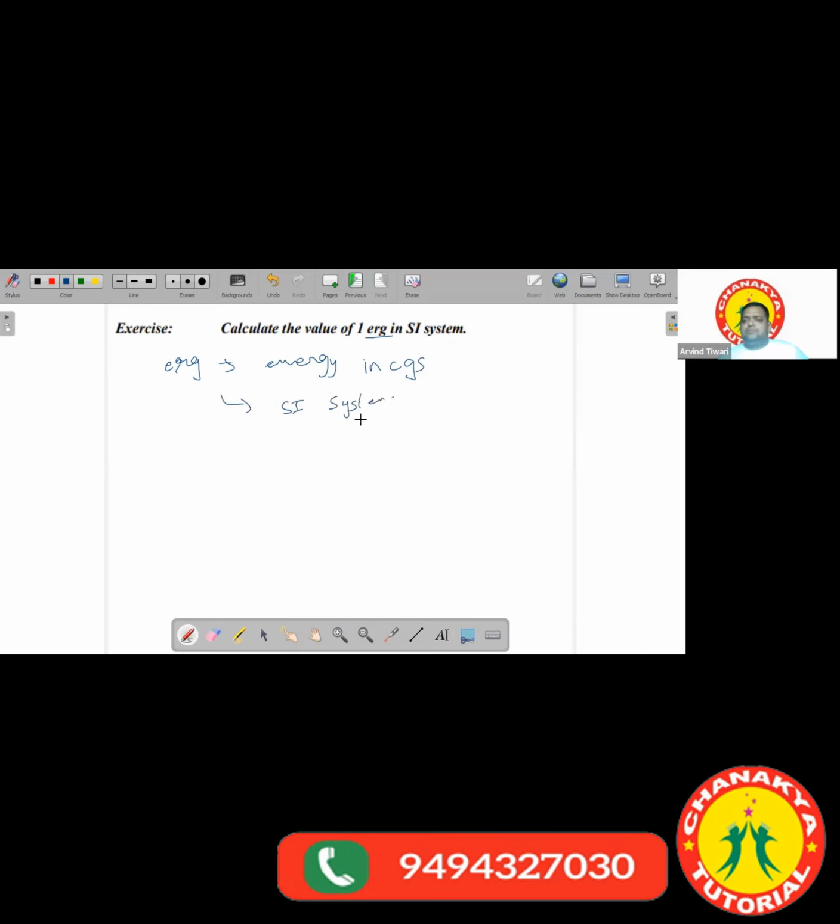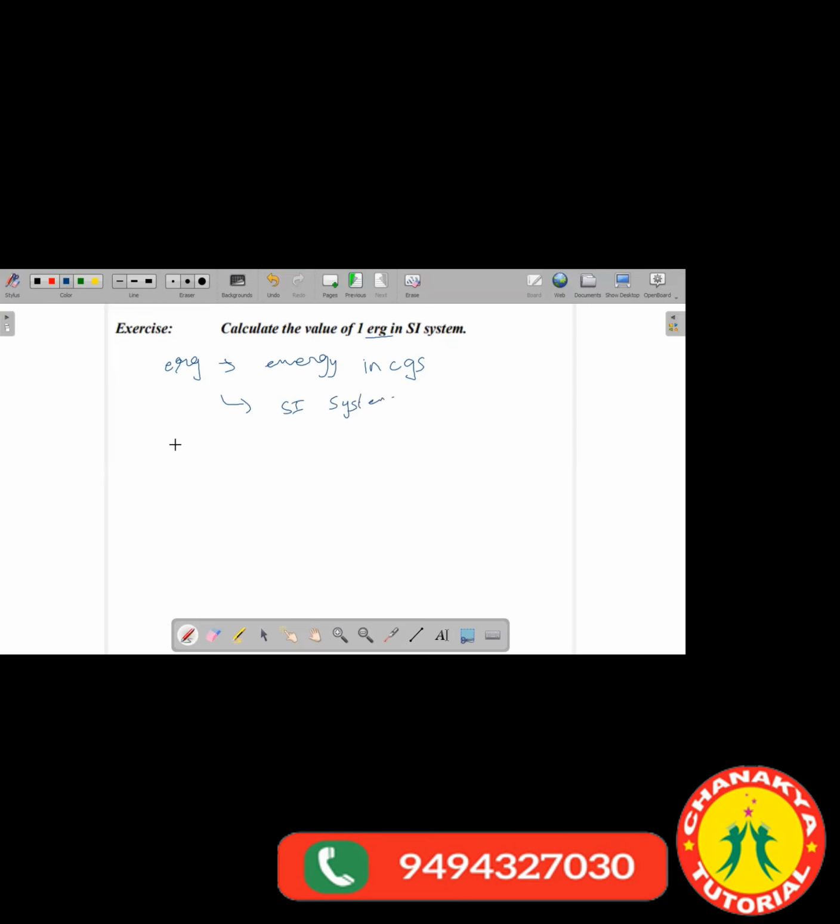So erg is energy, right? We use erg for energy in CGS system. This is the formula for energy in CGS system, and we want to convert this to SI system of units.